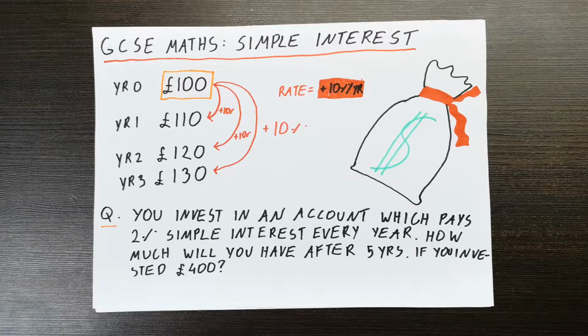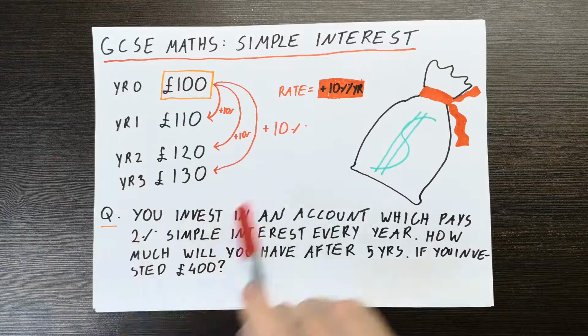For example, you could be getting 1% interest every year, so the bank will be paying you 1% on top of the money that you have already invested, and that refers to the original amount. That always refers to the original amount. That's the very important thing about simple interest, rather than the other type of interest, compound interest, which we will get onto next video.